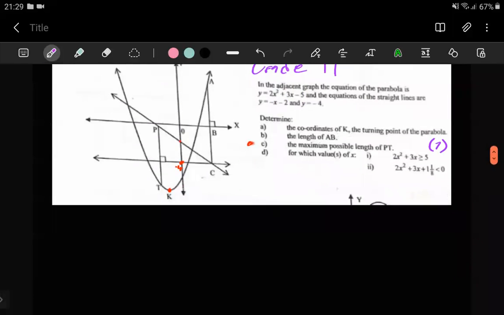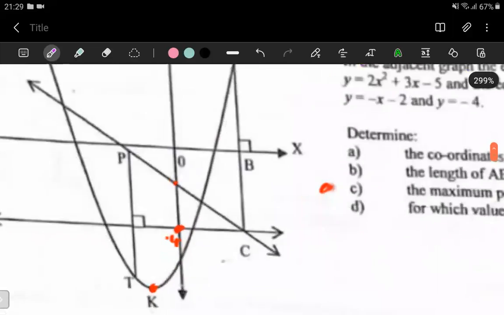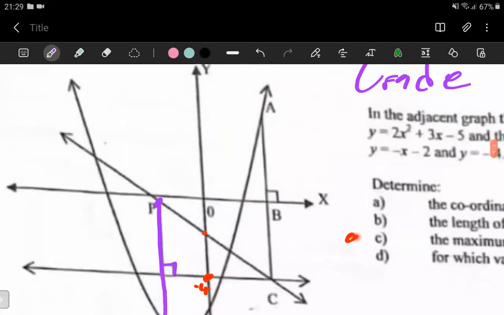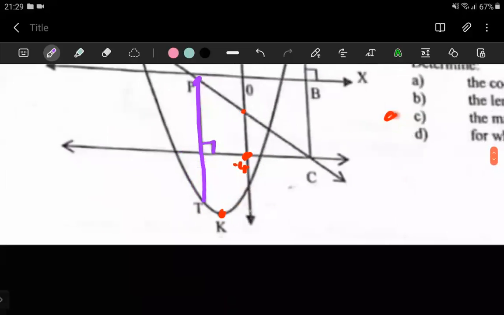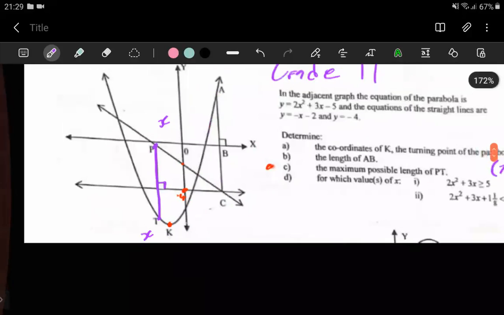Here, what you need to recognize is that from P to T, fortunately, this is a 90-degree angle. What that means is this is a straight line going down, meaning the X value up here is the same as the X value down here. So to get the distance of PT, you only need to make use of the Y values of these two graphs.